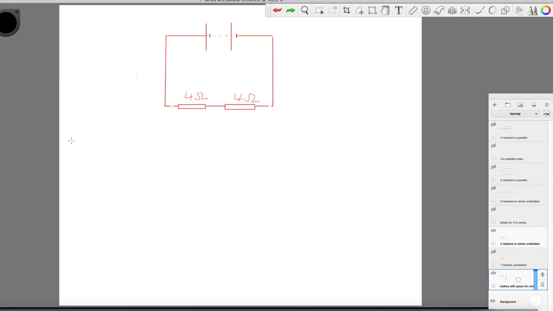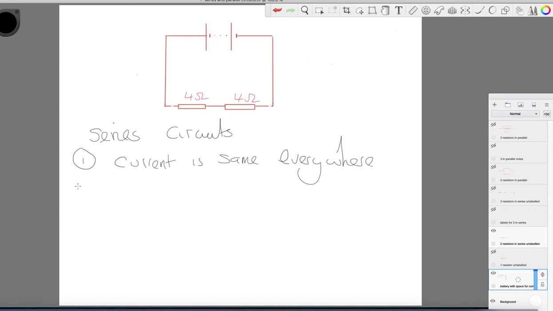Two things then about series circuits. One, the current is the same everywhere in a series circuit.